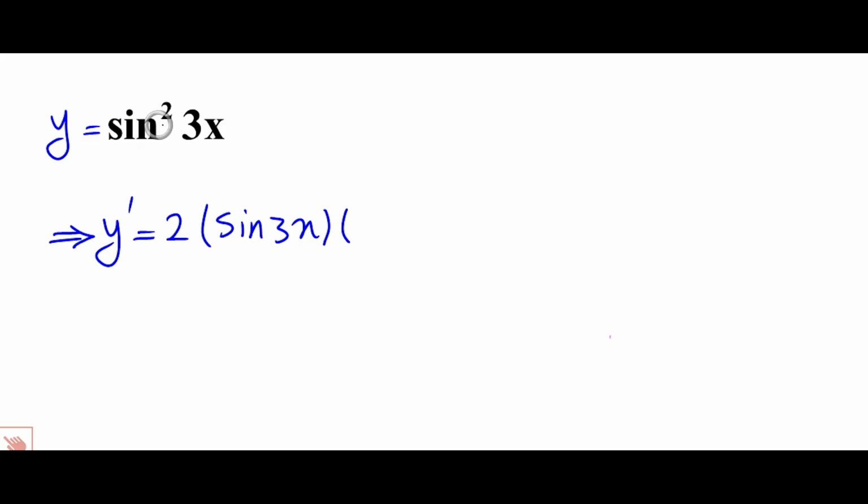The inside function is sine of 3x, sine of 3x prime. Inside function means this expression without the exponent, meaning sine of 3x.